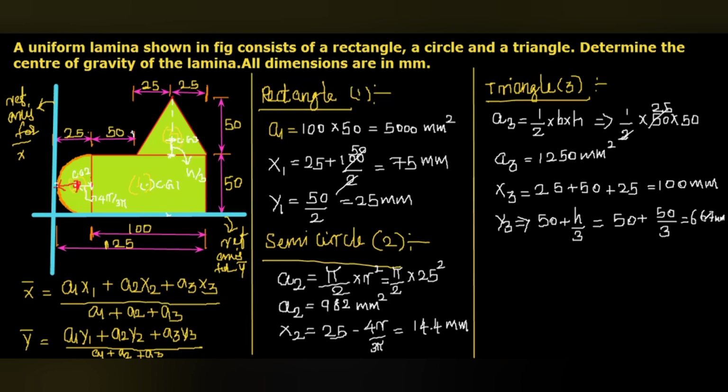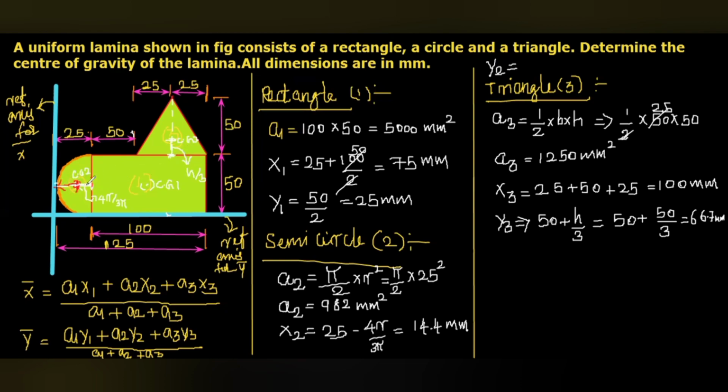Okay, 66.7 mm. So now A1, X1, Y1, A2, X2, Y2, A3, X3, Y3, everything we calculated. Actually, here I think we didn't calculate the value of Y2, so we will calculate that here. Here you can see this semicircle is symmetric about this axis, like the triangle.